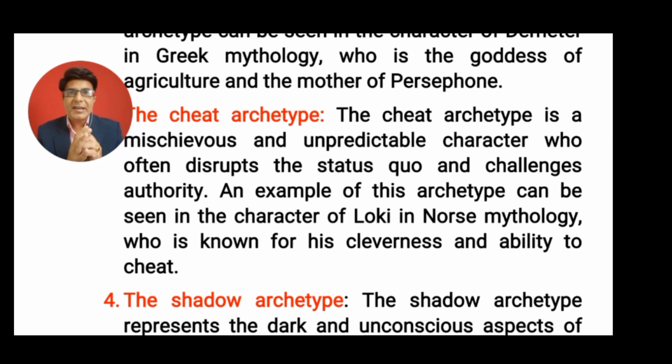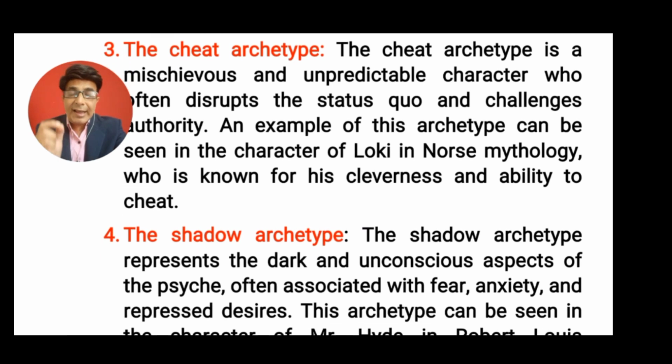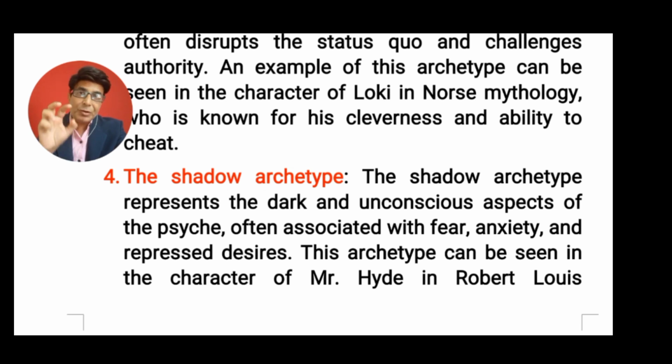Norse mythology is again a set of ancient stories, right? Mythological stories in which you come across this character Loki, who is known for his cleverness and ability to cheat people. So when you are studying literature, you need to find out whether such characters are there or not. When you read, say for example, Othello, you find Iago as such a cheat character, right?